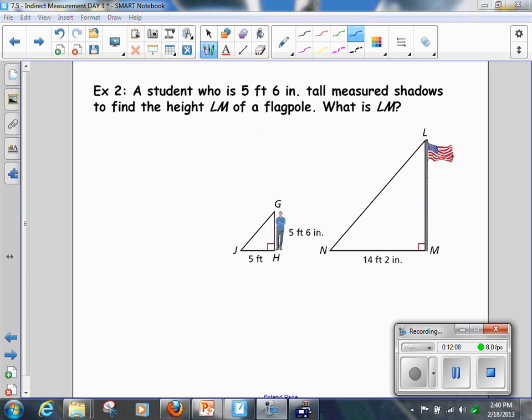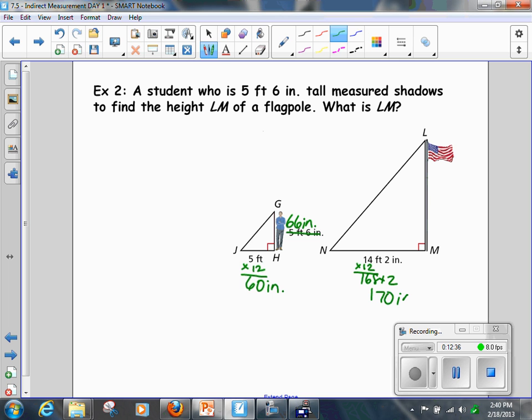So five feet times 12 is 60 inches. That would be 60 plus 6, so 66 inches. What's 14 times 12? That's 144 plus 28, it's 160 something, plus 2, which is 170 inches.